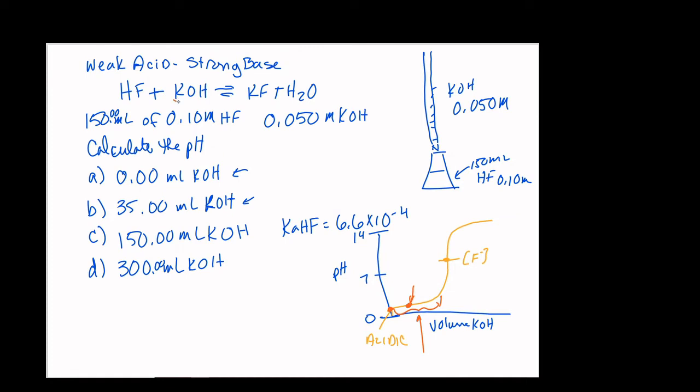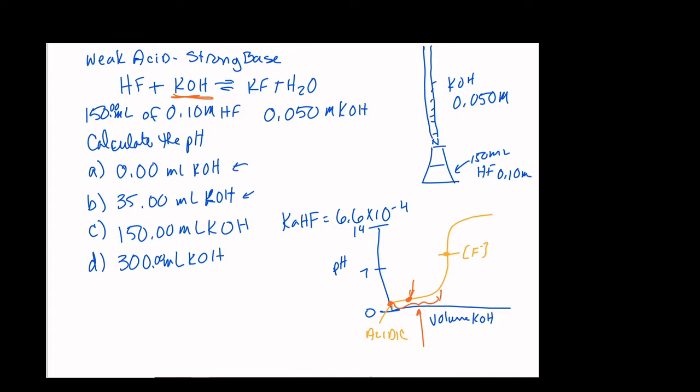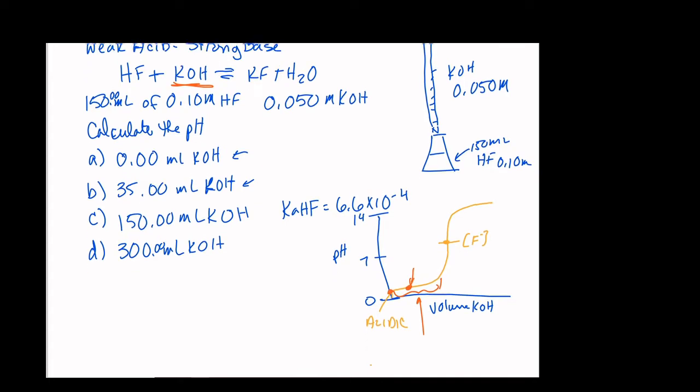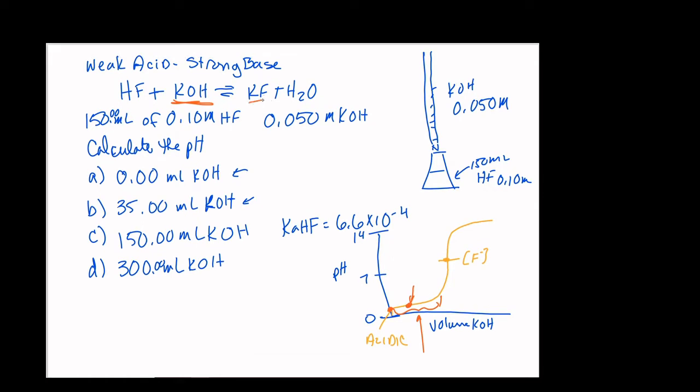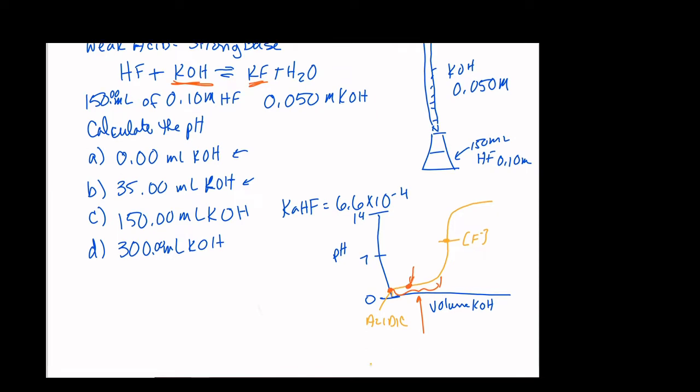So notice that the potassium hydroxide is a strong base. It's going to completely deprotonate the HF 1-to-1. So for every mole of potassium hydroxide we add, we're going to form 1 mole of potassium fluoride. So we're going to get 1 mole of fluoride ion.